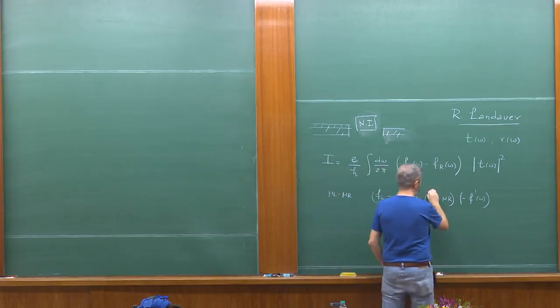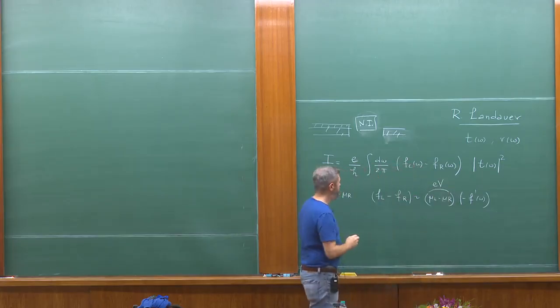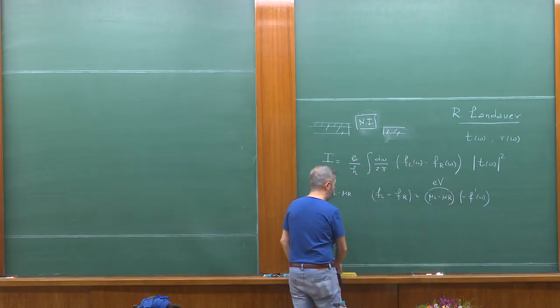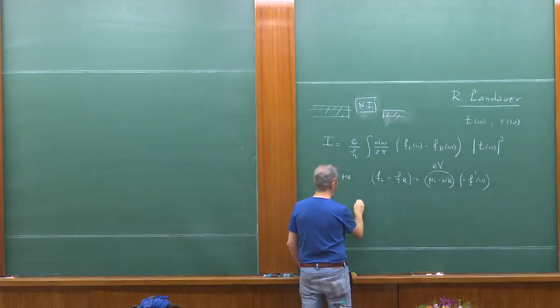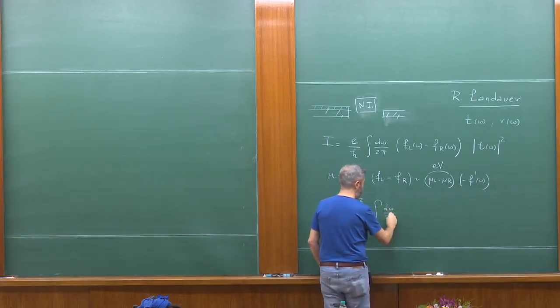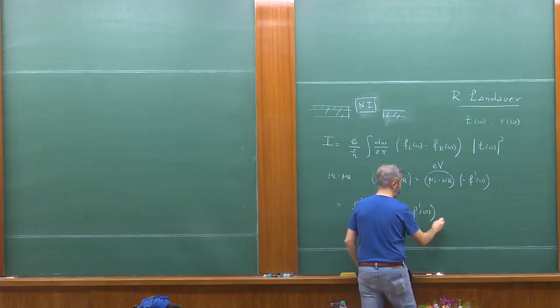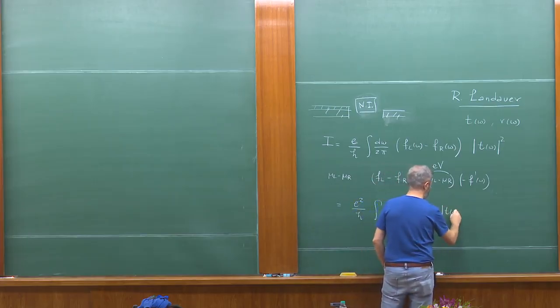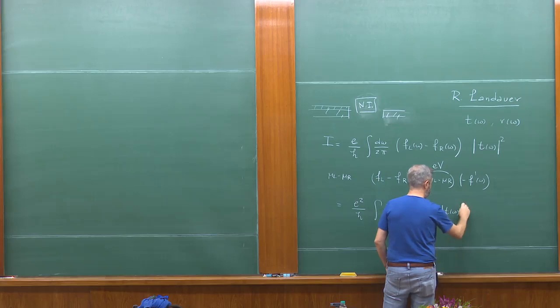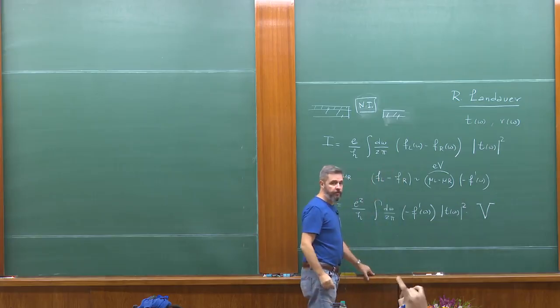And then, well, this is just a voltage bias, eV. And you see that if I do so, this formula becomes E squared over H, integral d omega over 2 pi, minus the derivative of the Fermi function, times |T of omega| squared, times V. And therefore, yes?